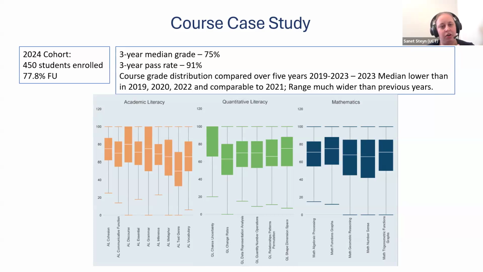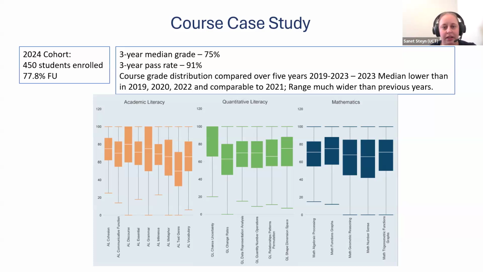So you have one half of the class below that line and one half above that line. And that shows you more or less how the group as a whole performed in that particular subdomain on their MBT. And you want to see where the lower medians are.